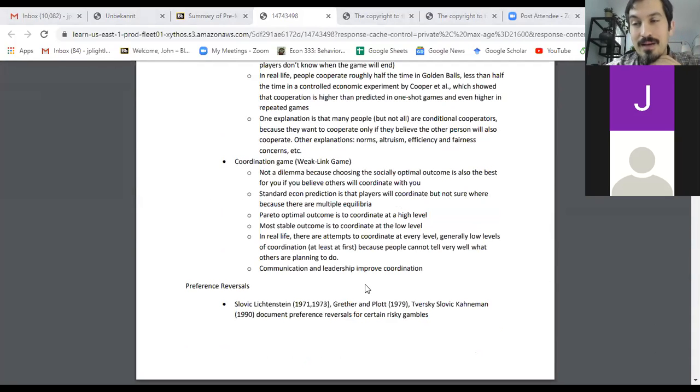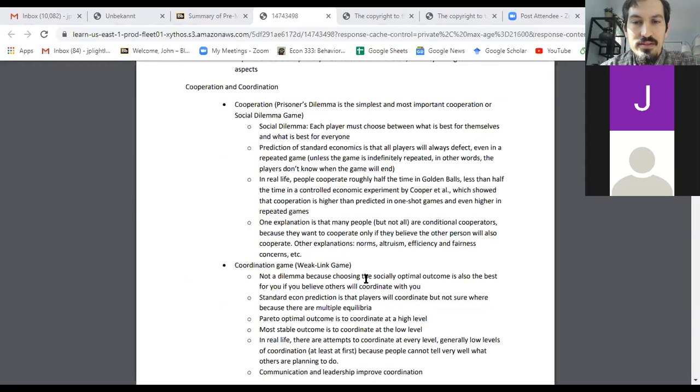If that does happen, I'm not going to put something on the exam that we haven't gone over in class. I don't think I have anything on this document that we haven't gone over in class, but if for some reason that happened, then you shouldn't be worried that that'll be on the exam.